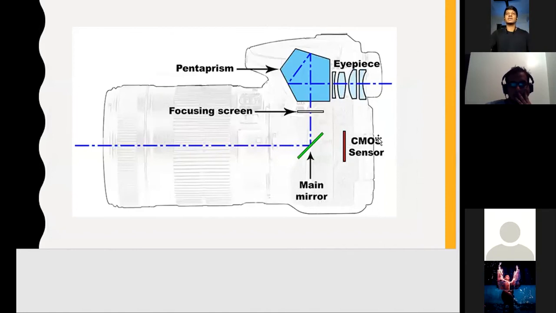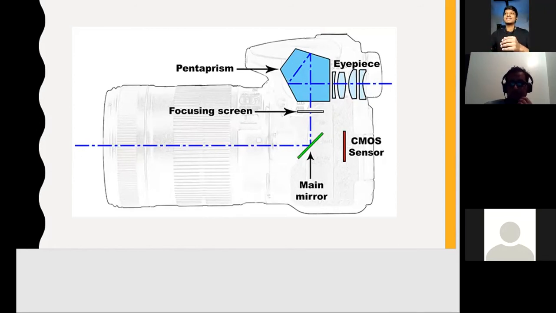Here's a simplified version so that you can avoid the distracting elements. So light enters through the lens, it bounces off the main mirror, enters the pentaprism, and we see it through the eyepiece. And that is how, even though we are looking through the viewfinder, we're able to see exactly what we get.